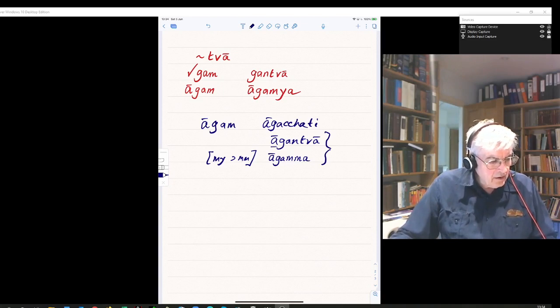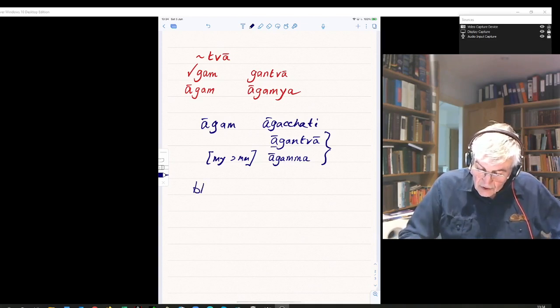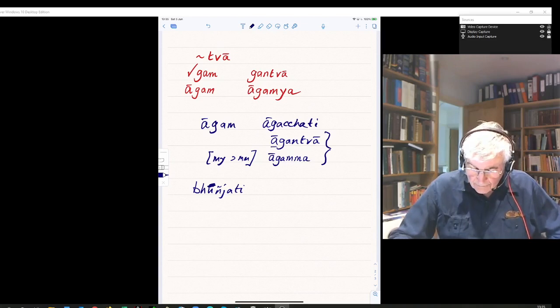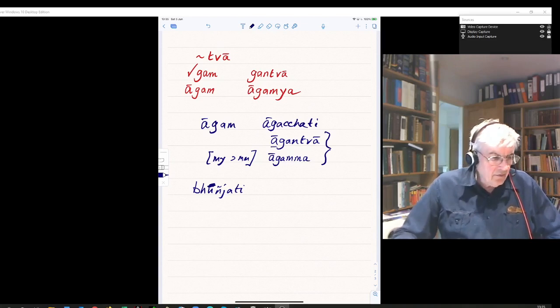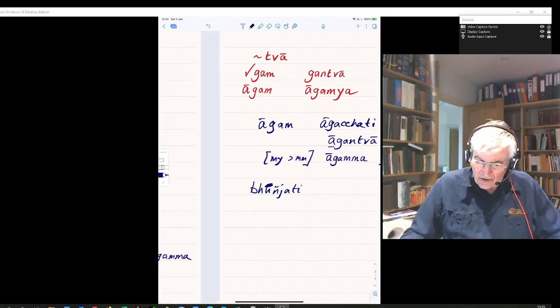Now if we look at the first verb under number 2, bhunjati, sorry, bhunjati is bhunjitva or bhutva. In some verbs, the i is inserted.